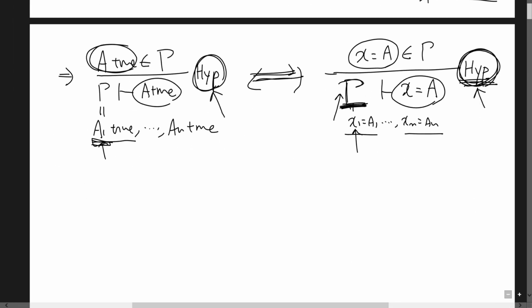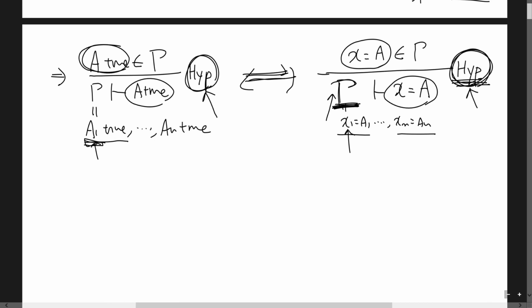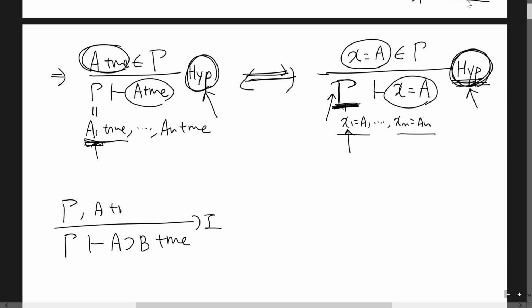Now let's translate implication introduction rule. You have A implies B true, this implication introduction rule. Under extended typing context, if you can deduce B true, then you may deduce A implies B true. So let's do this.